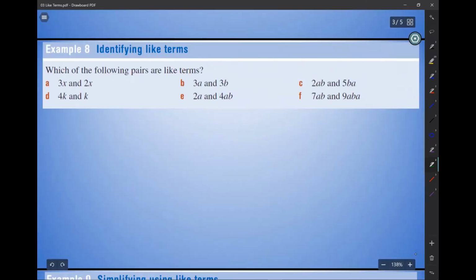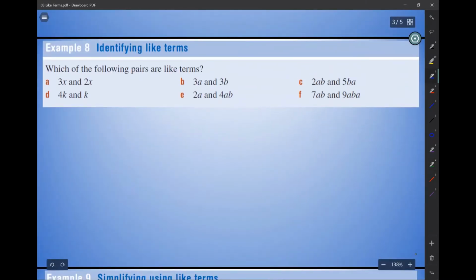Alright, let's have some practice at identifying pairs of like terms. Are 3x and 2x like terms? Yes, they both have x. Are 3a and 3b like terms?